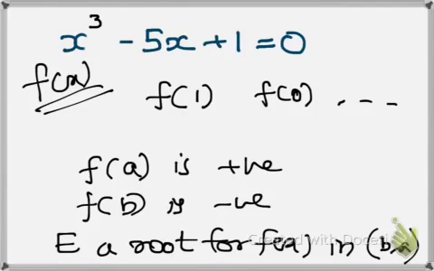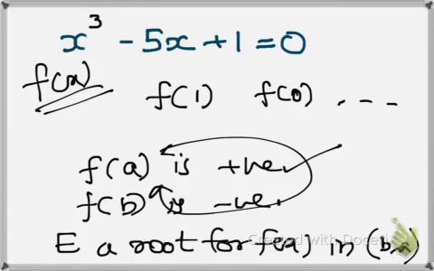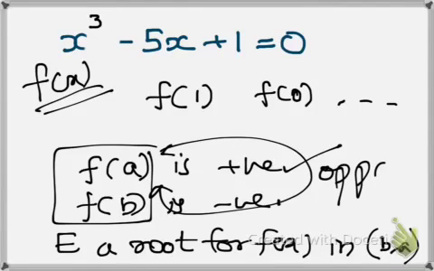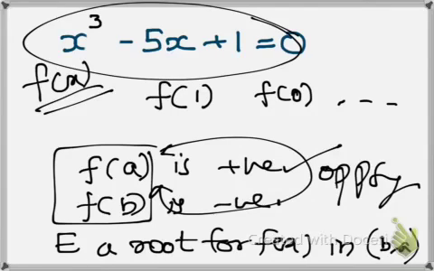Okay? If f of a is negative and f of b is positive, two opposite signs, that will be the more proper definition: if f of a and f of b are of opposite signs, then there exists a root for f of x in the interval a comma b.